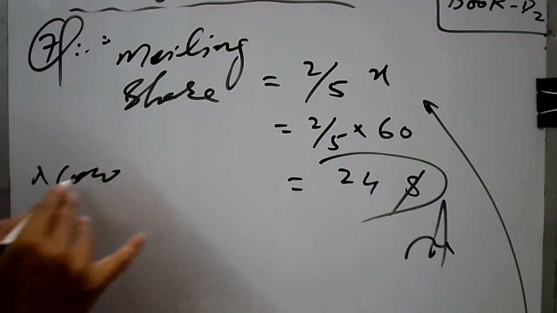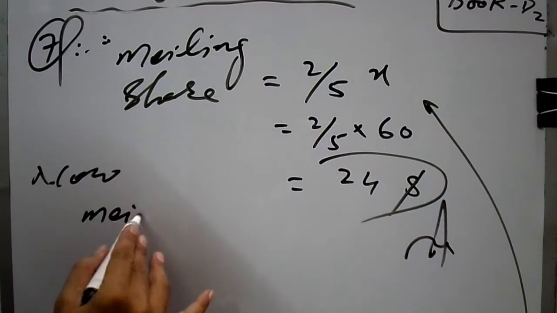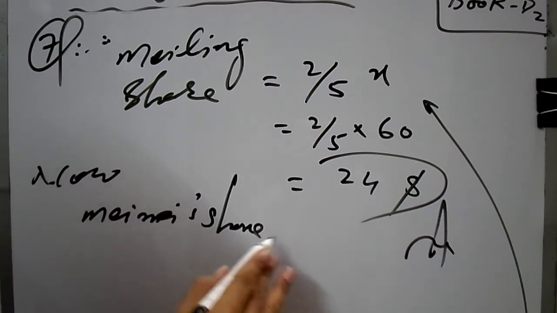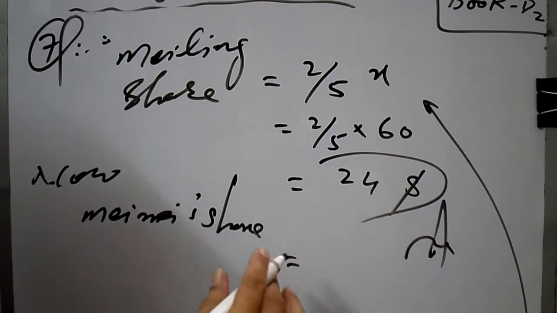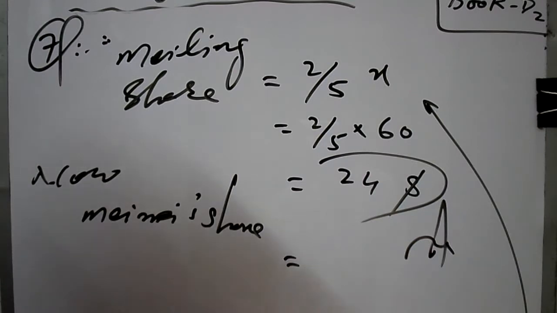Now you can also find Miami's share. If you have a total of 69, you should subtract to get Miami's share. Otherwise, there is another method: the total dollar is 69, so you should subtract.